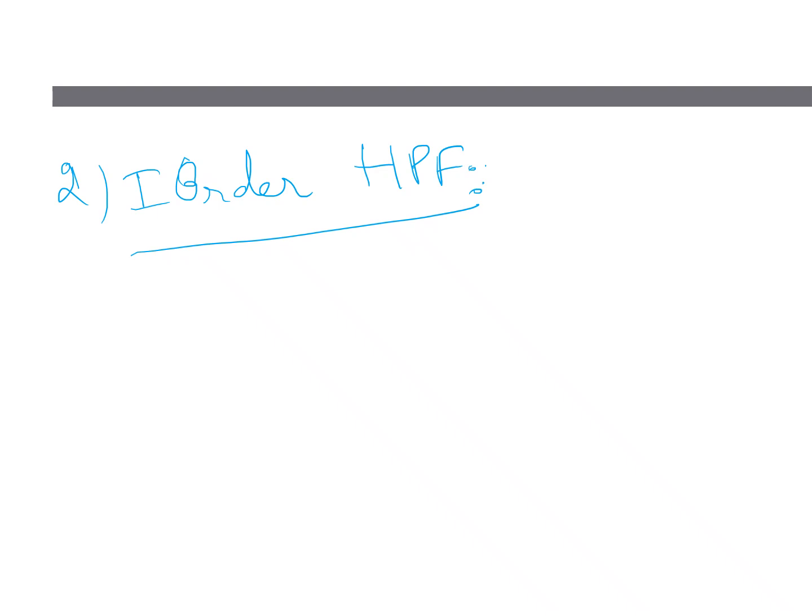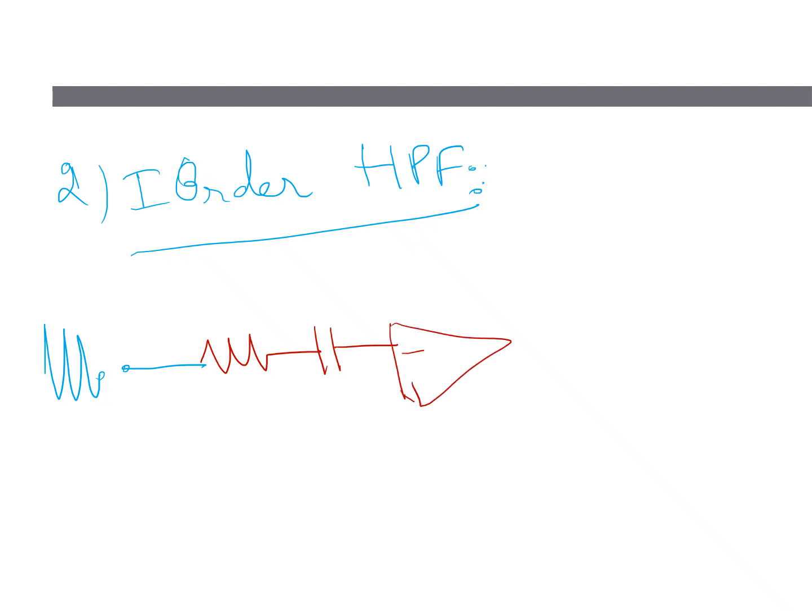Another example is the first order high pass filter. The input signal is fed into the op amp through a resistor, and here the resistor and capacitor are in series with the input, which is fed to the inverting terminal of the op amp. The other terminal is grounded. This is the circuit diagram of a high pass filter.